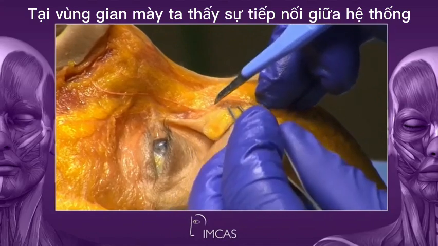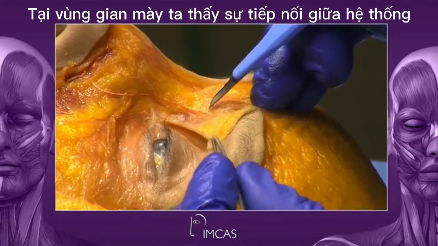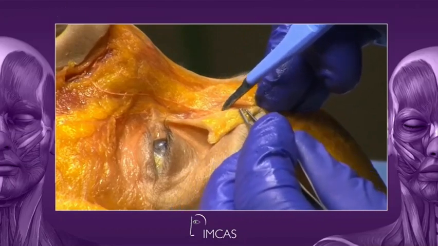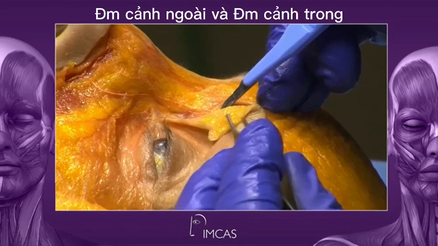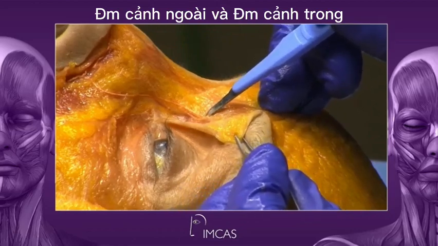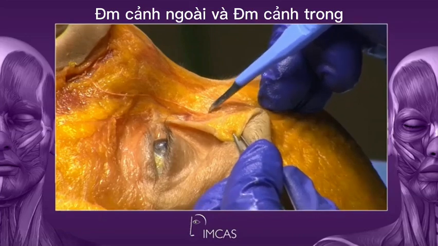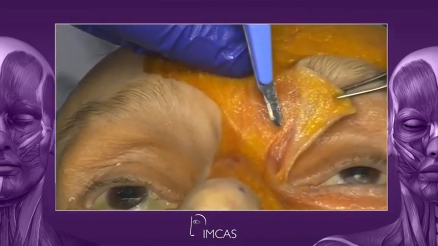And then you can see the communication with the supratrochlear arterial system, here you have a little branch from the internal carotid system.